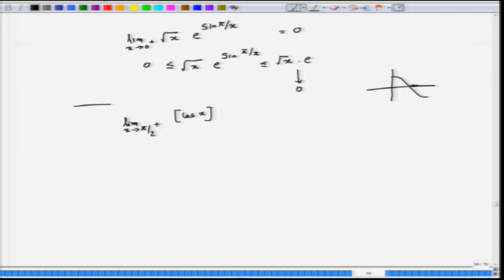Therefore, the bracket of cos x, where bracket is the greatest integer function, is going to be minus 1. Now, limit x goes to pi by 2 minus, bracket of cos x: if we are travelling from this side, cos is positive, and less than 1 in the neighborhood of pi by 2. Therefore, the bracket of cos x is going to be 0. So, the limit does not exist.